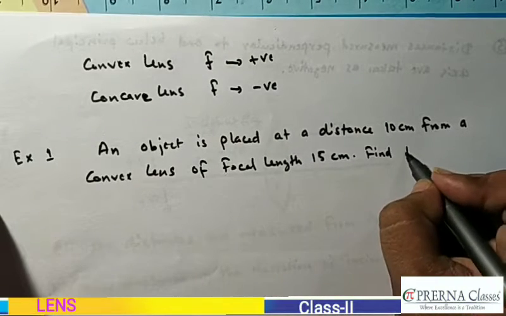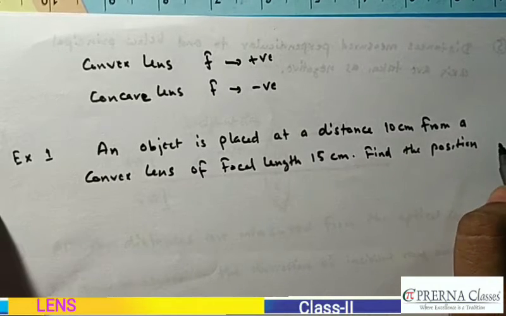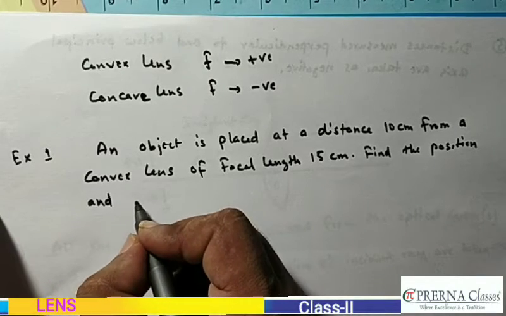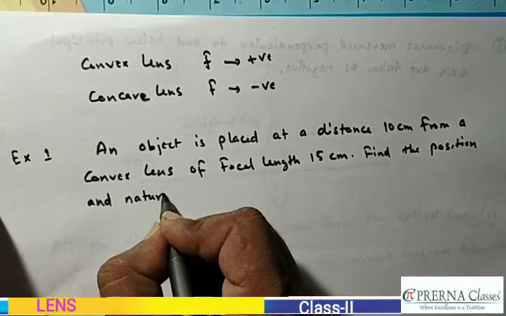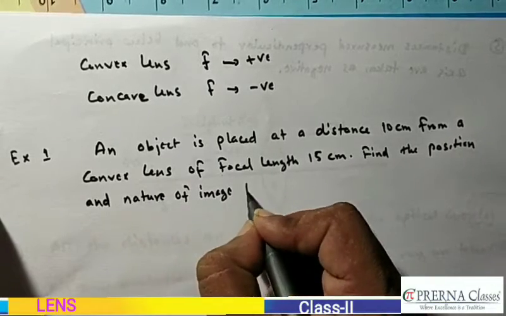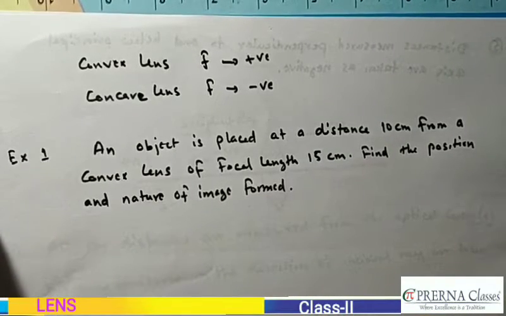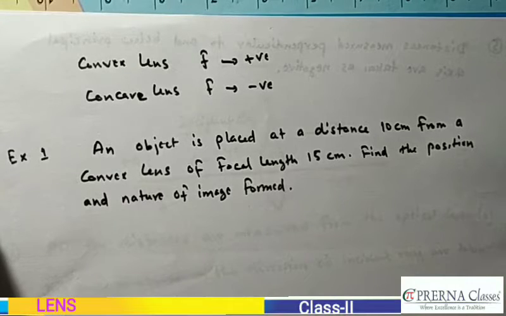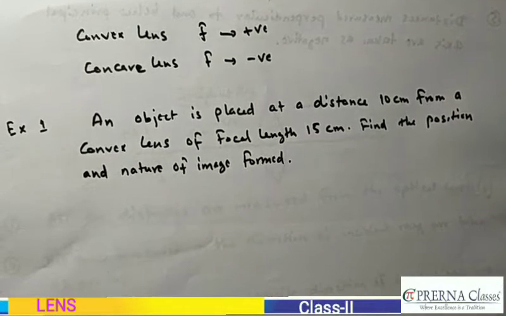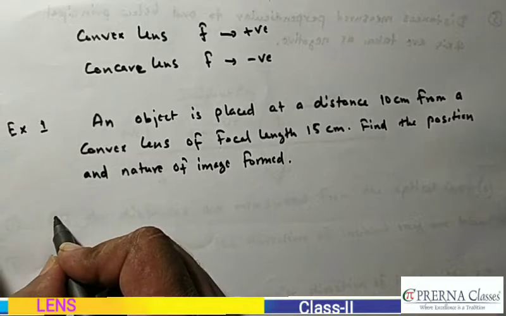Find the position and nature of image formed. Okay, now let us solve this question. An object is placed at a distance of 10 cm from the convex lens of focal length 15 cm. Find the nature of image formed.